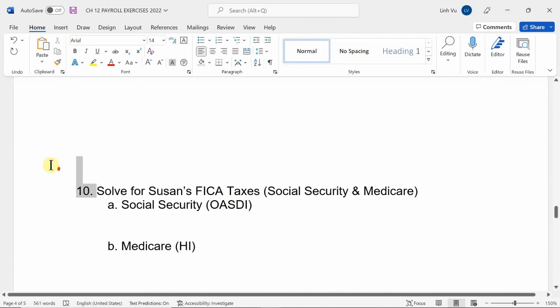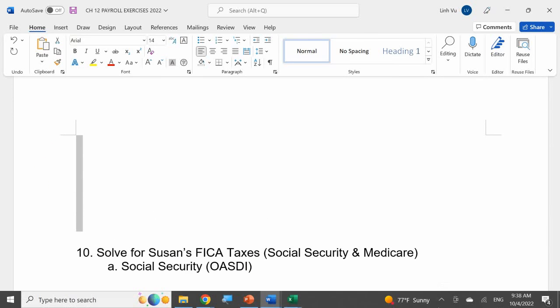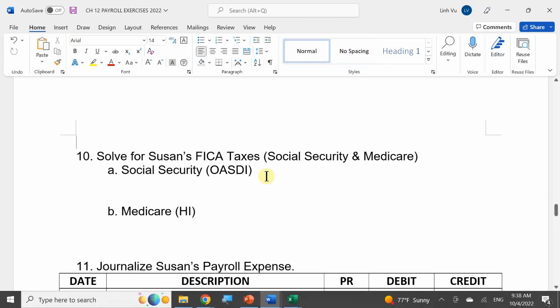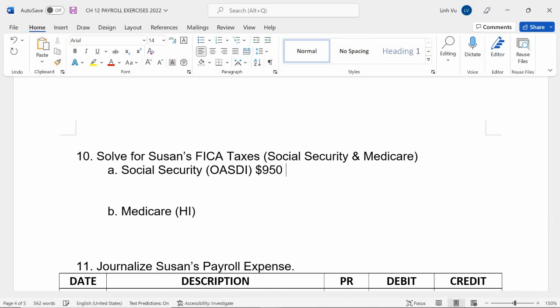All right, so number 10. Calculate Susan's FICA. How much was Social Security again? 6.2%. So it'd be 950 times 6.2%, and that gives you $58.90.